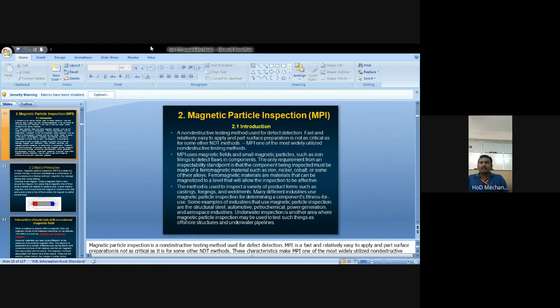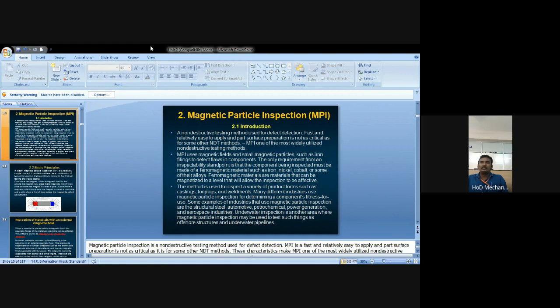The only requirement from an inspectability standpoint is that the component being inspected must be made of ferromagnetic material. So in this MPI method, the ferromagnetic material, that means metal with ferromagnetism, is the type of material we inspect using magnetic particle testing, like iron, nickel, cobalt, or some other alloys.